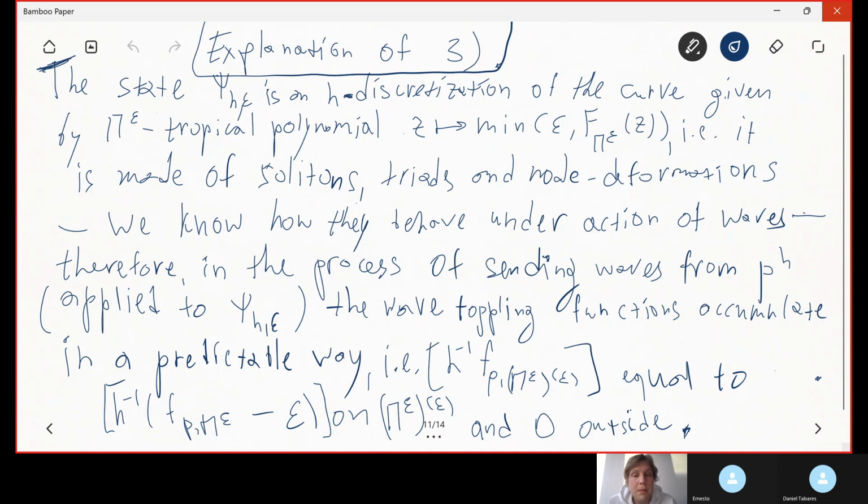So more explicitly, remember, I was telling that for these solitonic states, if you apply the wave, it means that you change by 1 the coefficient of the tropical polynomial. So this is exactly where it comes from.